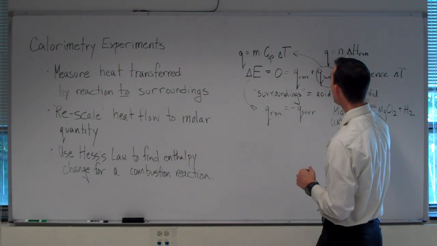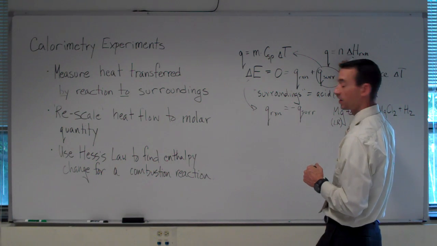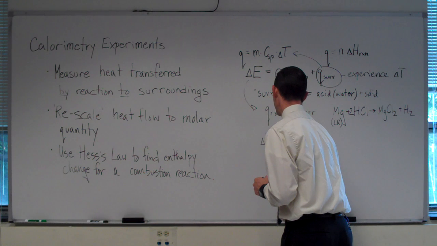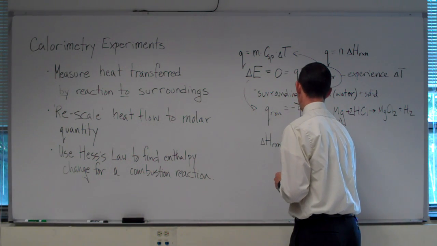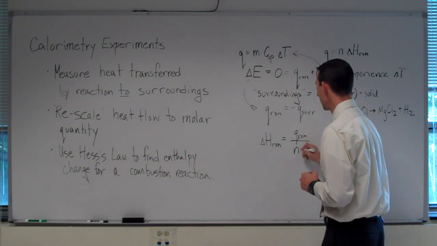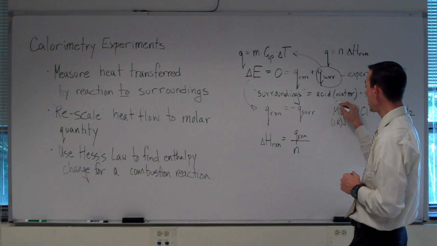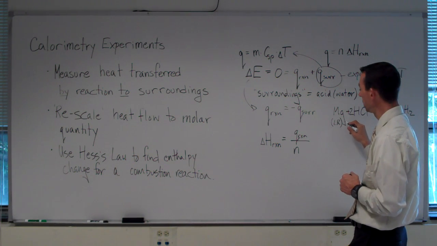Now, the scaling up actually is this other formula for heat flow. The delta H of a reaction is the heat of the reaction, heat flow, divided by the moles that were used. So you will know how many moles of magnesium you used because you'll have weighed it.